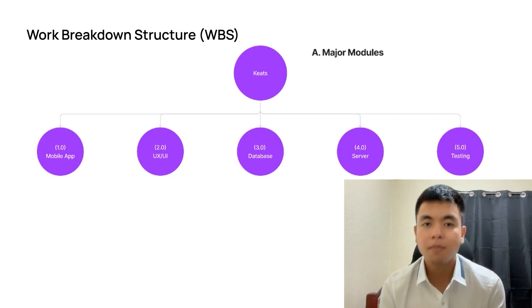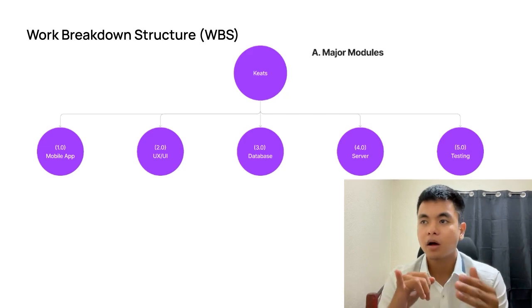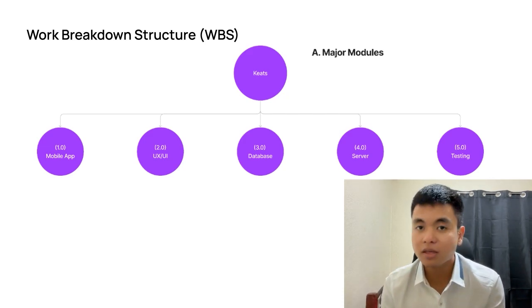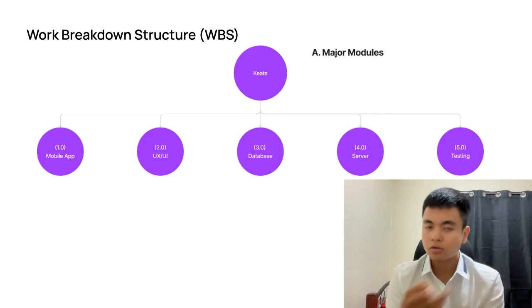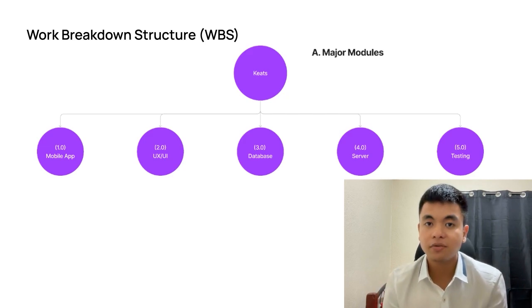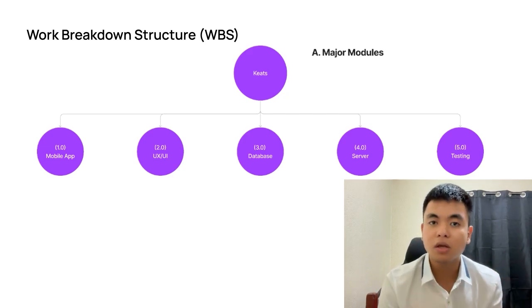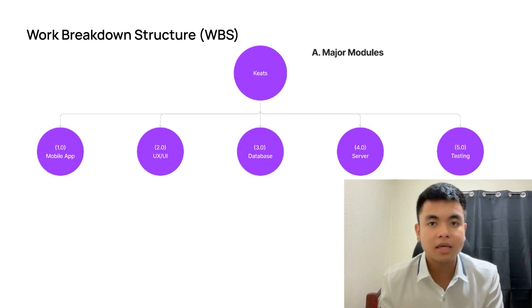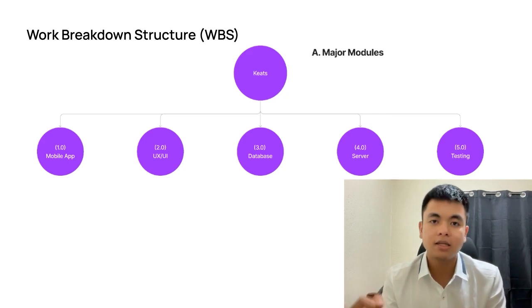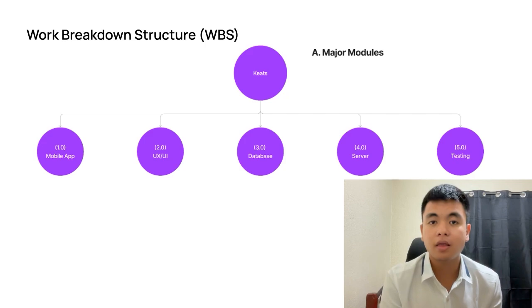For our database, we also had to consider the tables that we were going to build, the design of these tables, and the overall structure again. For our server, we had to specify the endpoints. These endpoints are the ones that communicate between the database and the mobile app, so we had to specify each endpoint that caters to each feature specified in the mobile app.